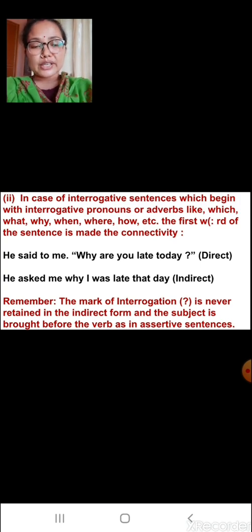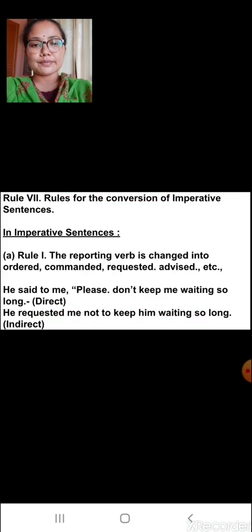Now, if we change it into indirect speech, it will be, he asked me why I was late that day. Remember, the mark of interrogation, that is the question mark, is never retained in the indirect form, and the subject is brought before the verb as in assertive sentences.